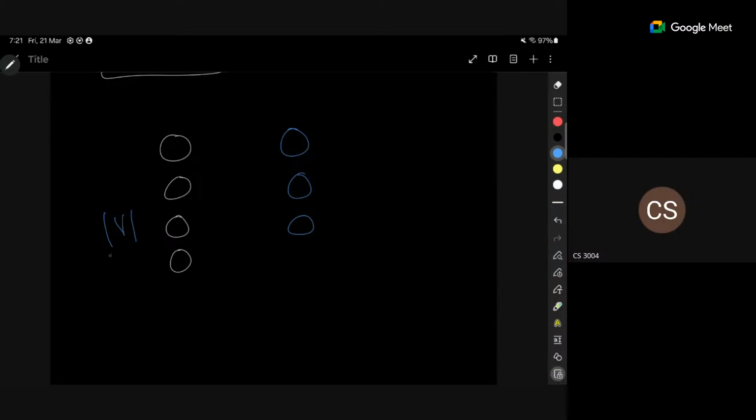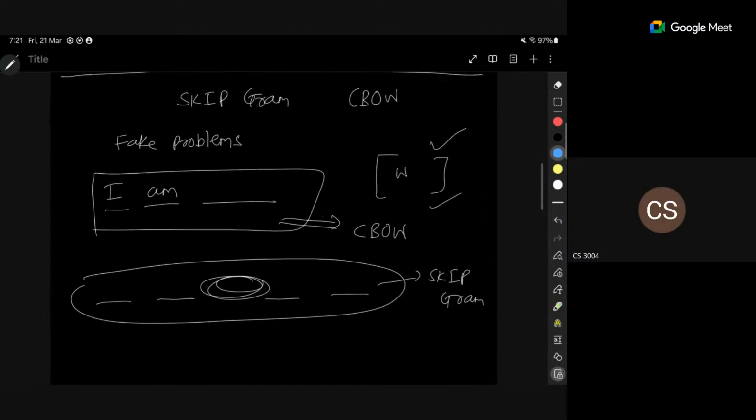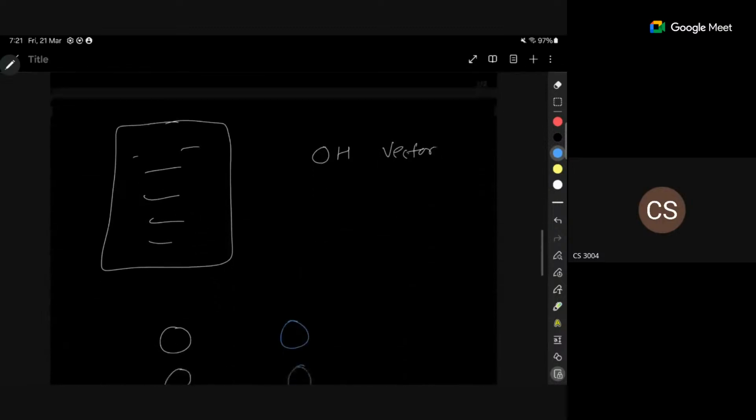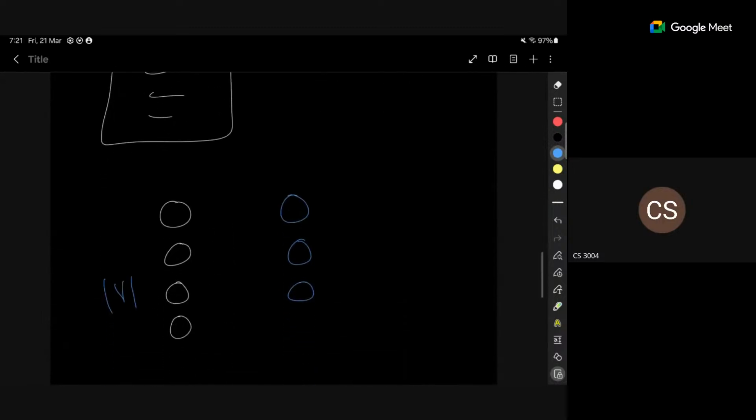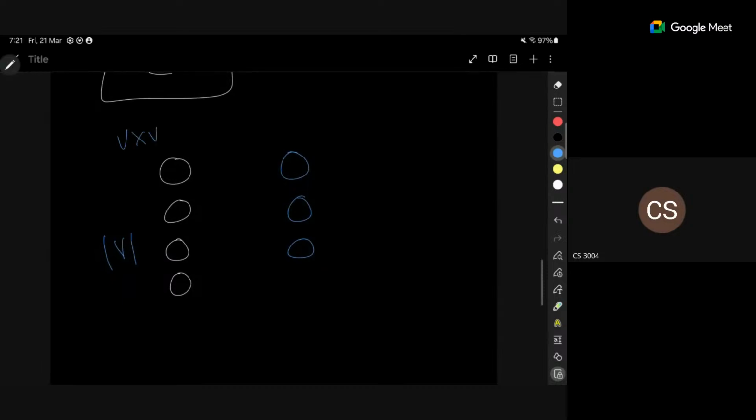If I do it with one hot vector, the matrix size is going to be V cross V, all the vocabulary words. But we want to reduce it somehow. That reduction can be done this way.